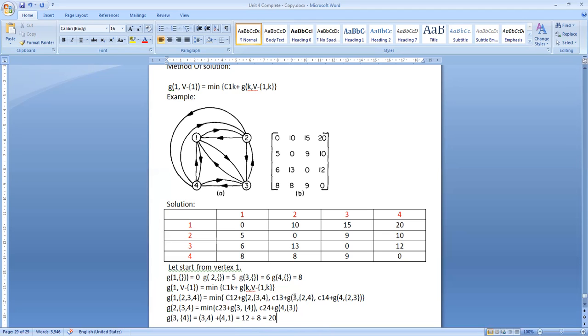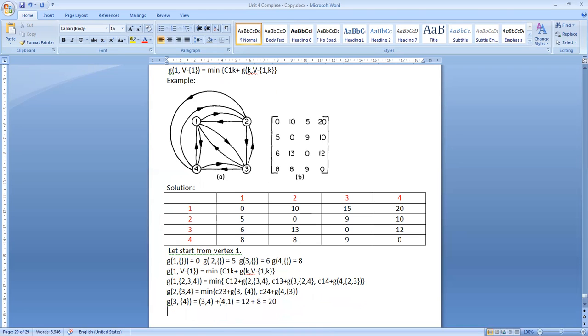Similarly, before that, I compute these things also: G of 4 comma set 3. What does it mean?